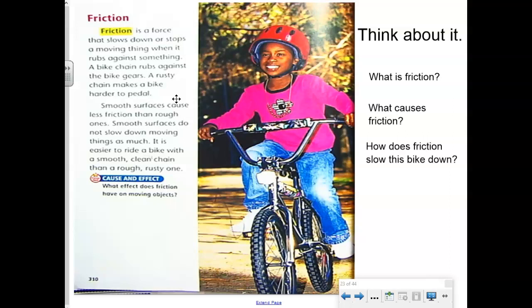How does friction slow the bike down? The bike chain rubs against the bike gears and it will slow it down.